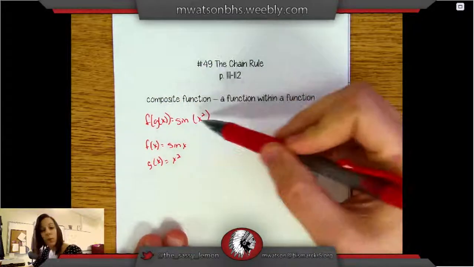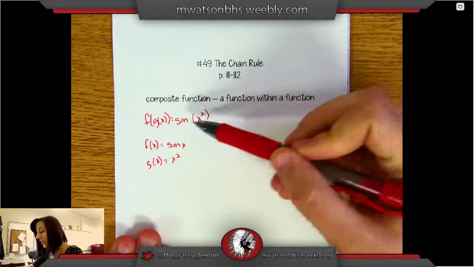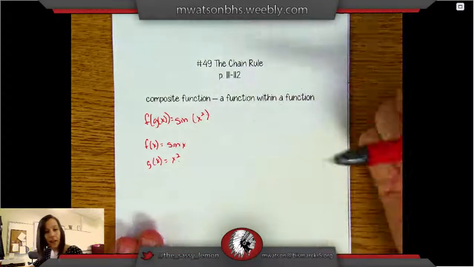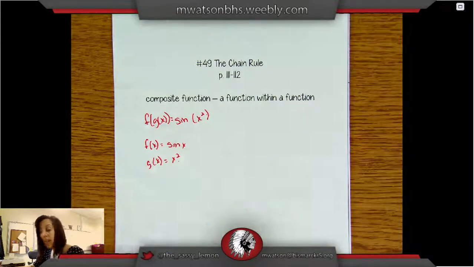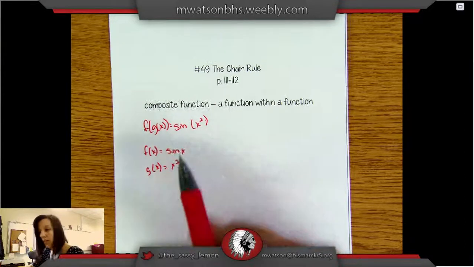So you might remember composite functions from Algebra 2. But basically, you take two functions and you put one inside the other. And that's what we're going to be finding the derivative of today. So we'll be determining how to find the derivative of such a thing.